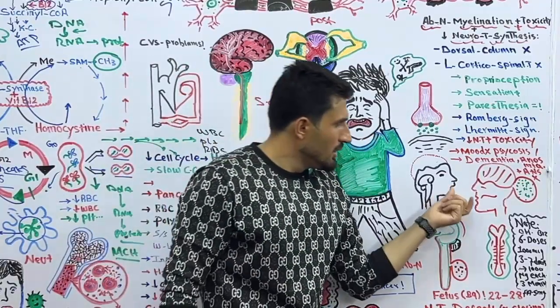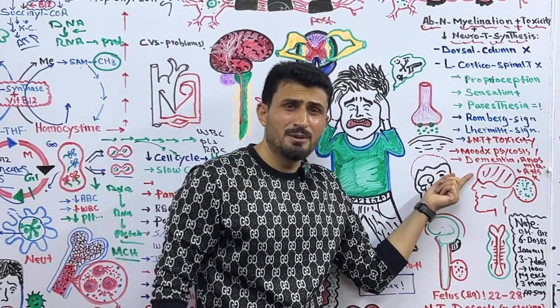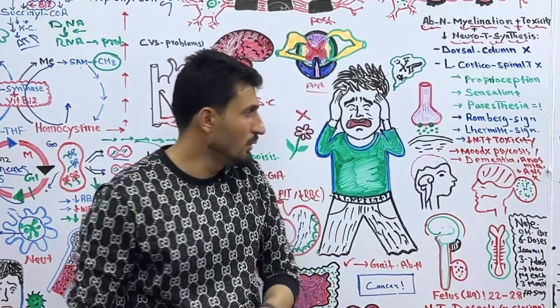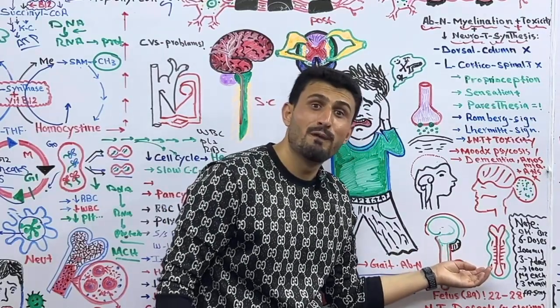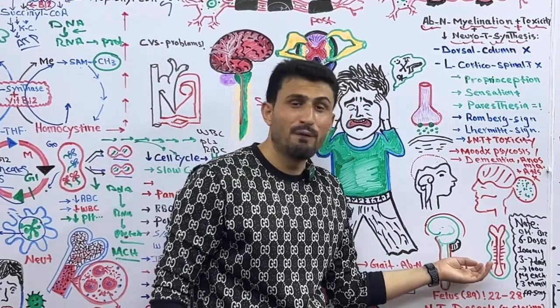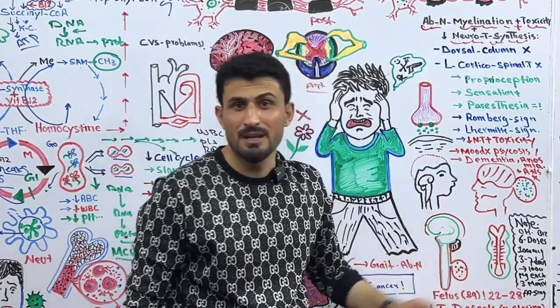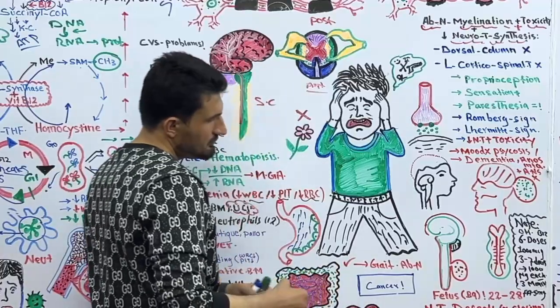Now, the most severe complication of vitamin B9 and vitamin B12, specifically vitamin B9, okay, or folate, is related to the fetus, okay, and it's a very fatal and deadly complication of vitamin B9. For example, let me explain it.